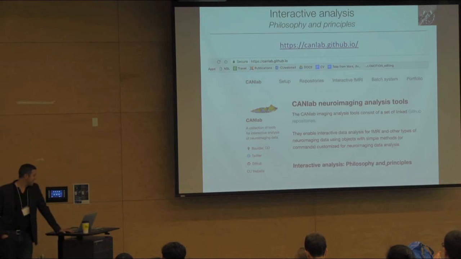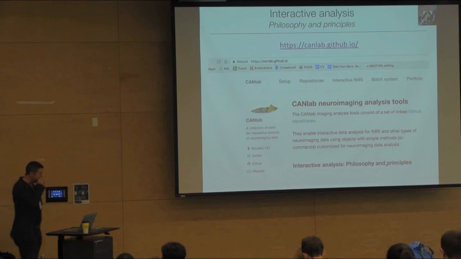And then someday, all the code I'll show you might be refactored in Python or something might happen. Luke Chang, who was my postdoc a few years ago, took some of the core tools I'll show you and rewrote them in Python. So that exists. But I've kept developing the Matlab version.